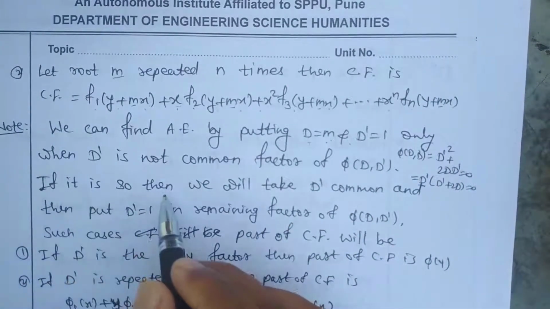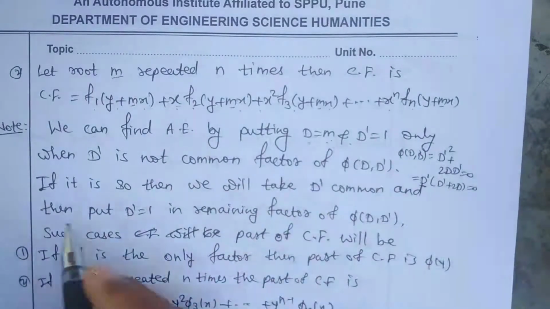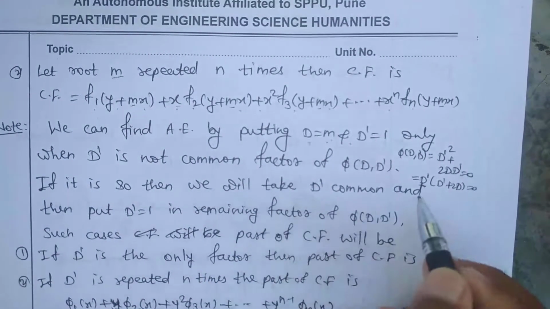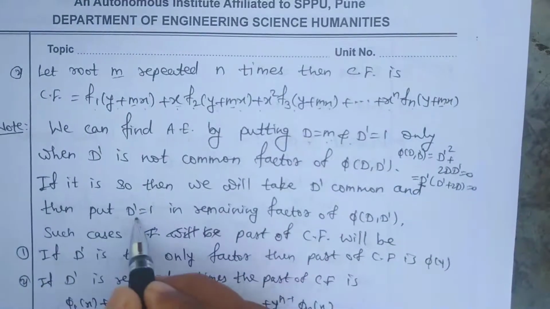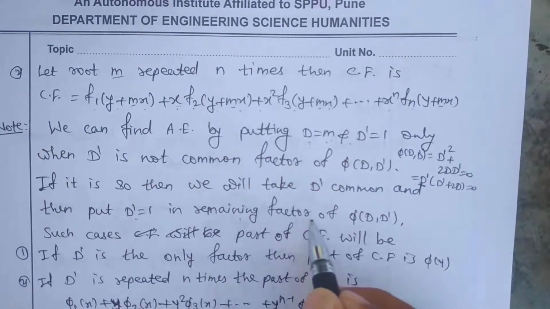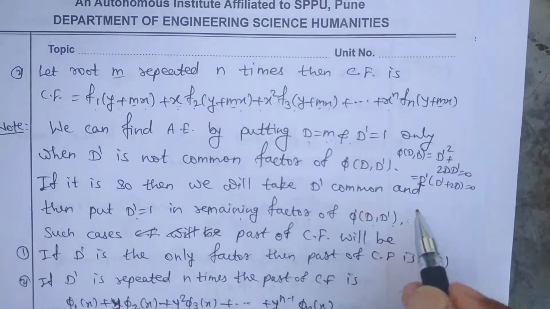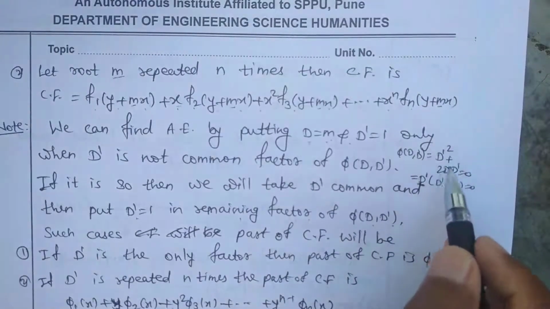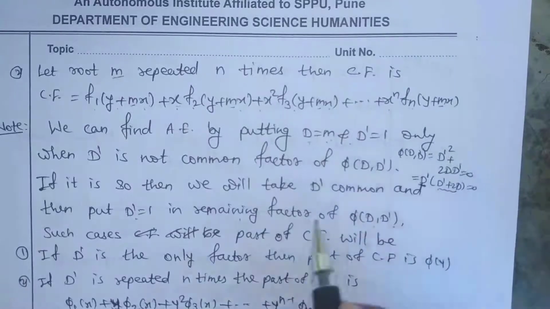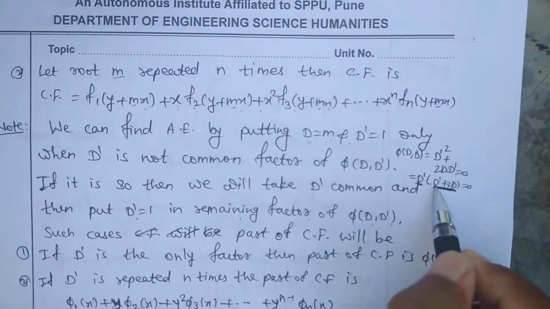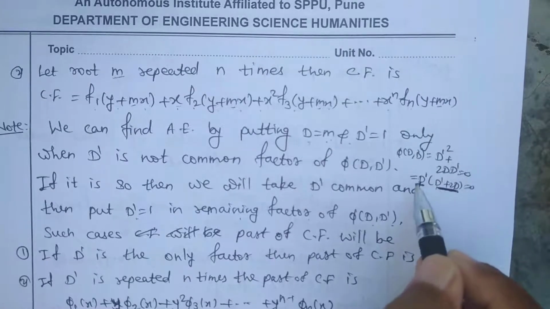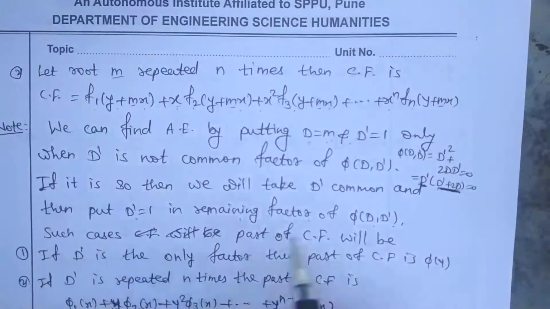If D dash is a common term, then we have to take D dash common and then put D dash equals 1 in the remaining factor of phi of D, D dash. That means after taking D dash common, in the remaining factor, put D equals m and D dash equals 1 and so on. Keep this D dash as it is because this is a common factor.